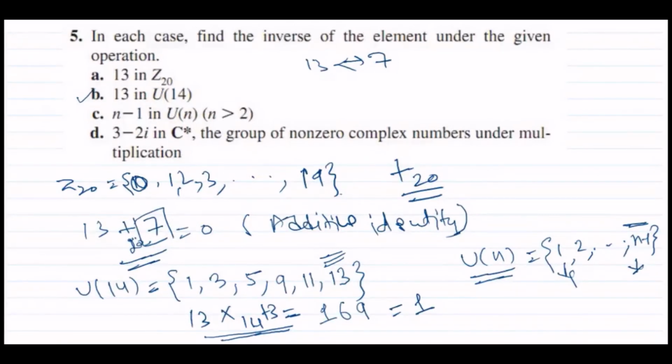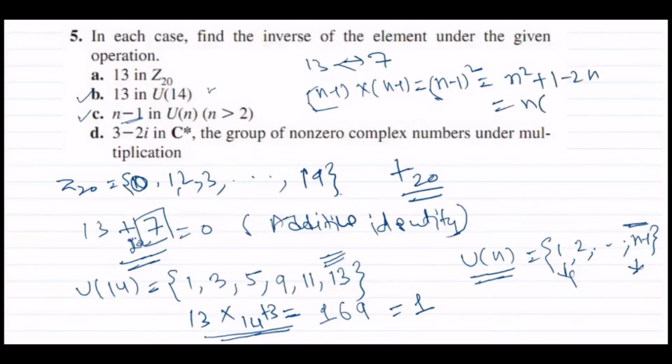Then similarly, this is the general case of this question. So what we can see, n minus 1. Now I claim that n minus 1 is self-inverse here also. So n minus 1 into n minus 1 will give us n minus 1 whole square, which equals n square plus 1 minus 2n, which equals n times (n minus 2) plus 1.